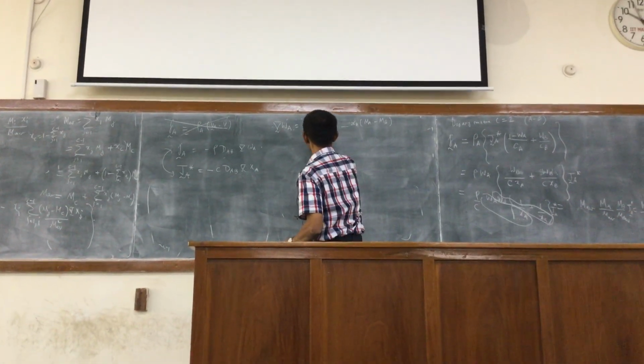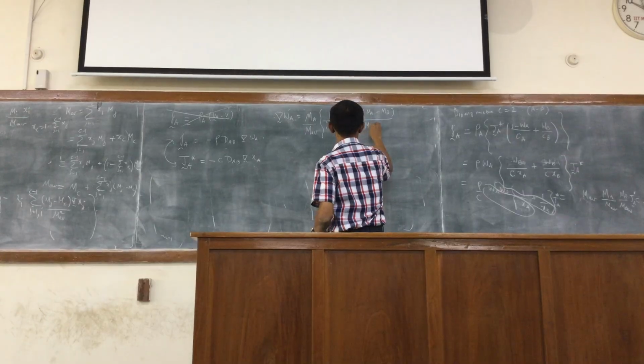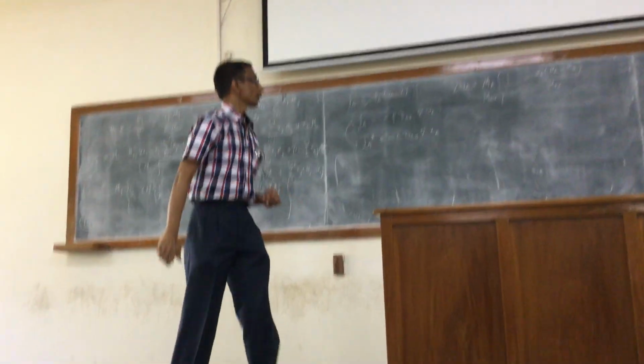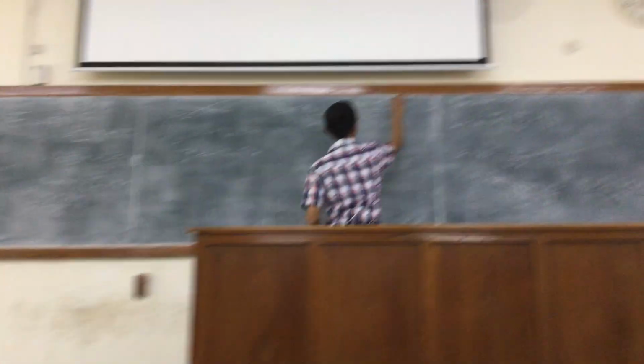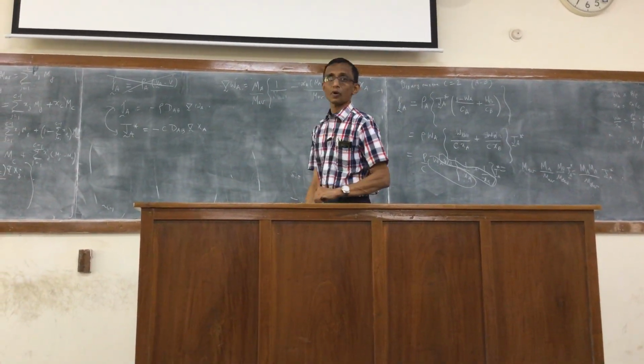So I can take an M average out and I will simply get M average times the gradient of XA. This is what I have.